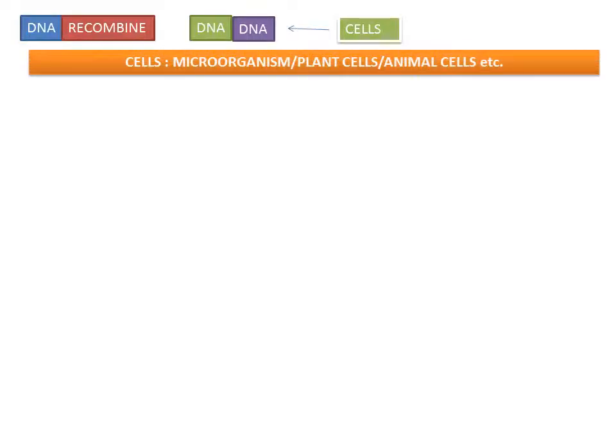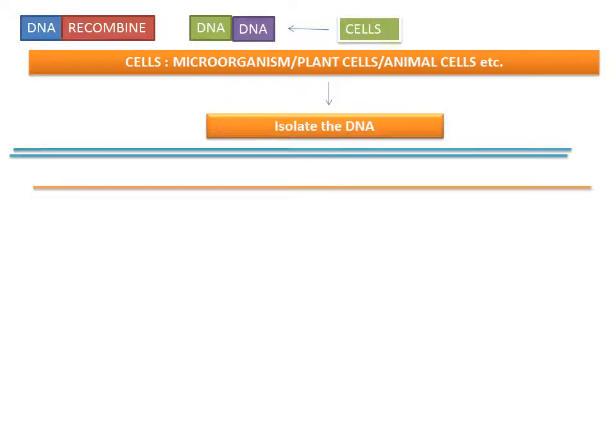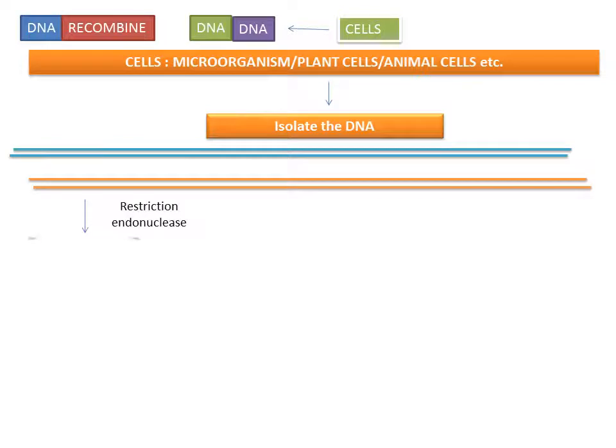Now we have two varieties of DNA which were isolated from animal cells or plant cells. We have isolated the DNA, used restriction endonuclease, then used the modification methods, and ligated it.